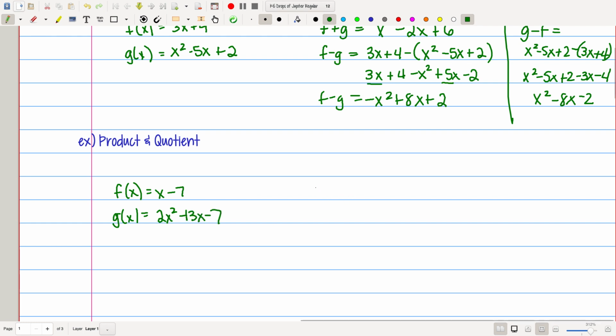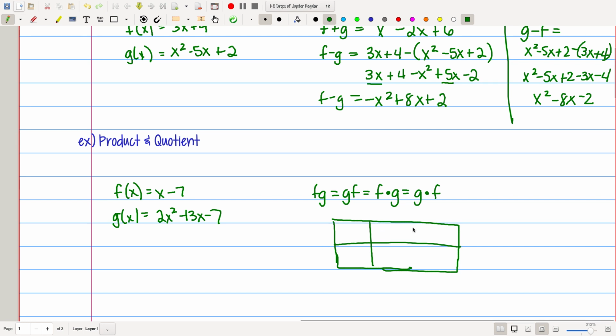Now I want to find, you could see FG, you could see GF, you could see F times G like that, or G times F, okay? Because remember, order does not matter when we multiply. But when we multiply these, you guys would have to do a 2 by 3 box. So hopefully by now you're familiar with that. So I would do my 2 by 3 box.